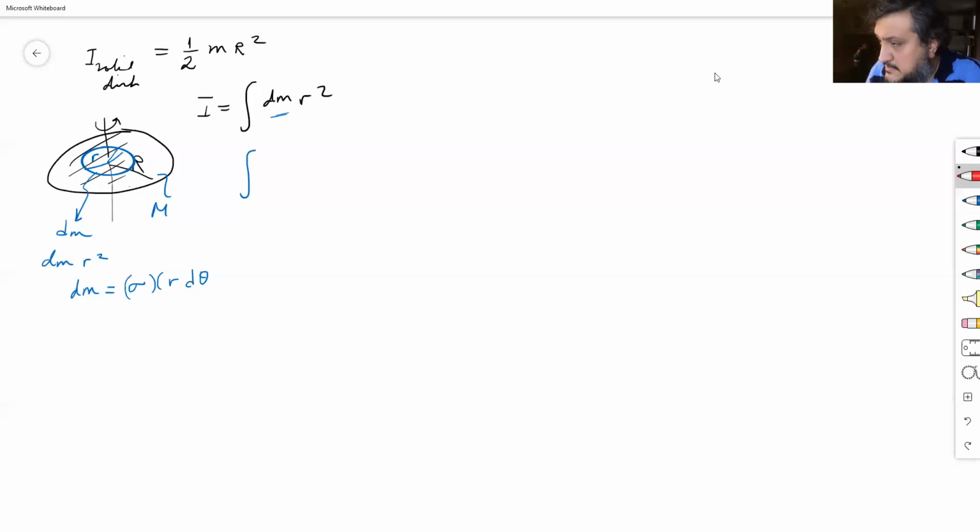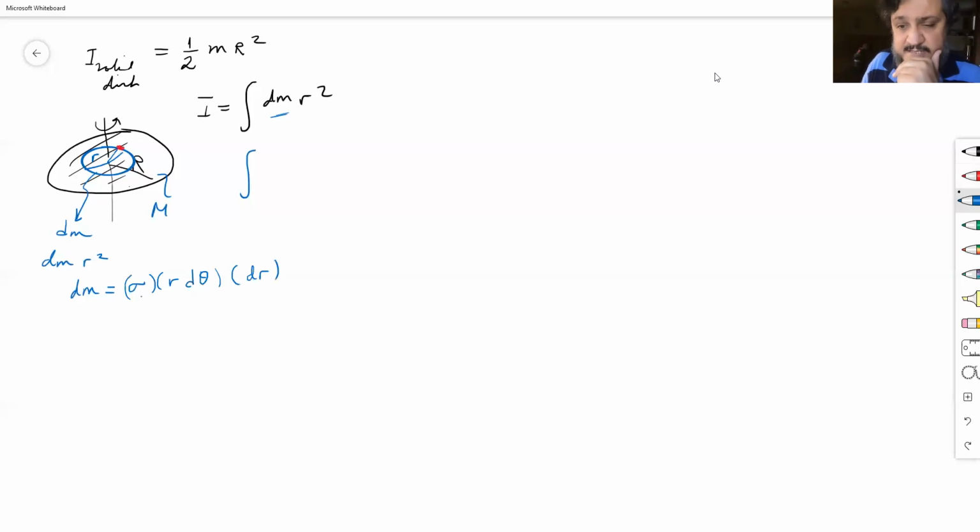Let me show it to you with red. This much, very tiny. That corresponds to an arc length equal to r d theta. And then it will also have a thickness in the radial direction, which is simply dr.